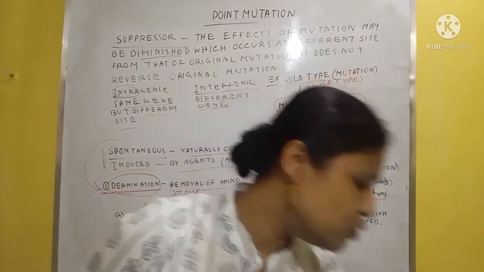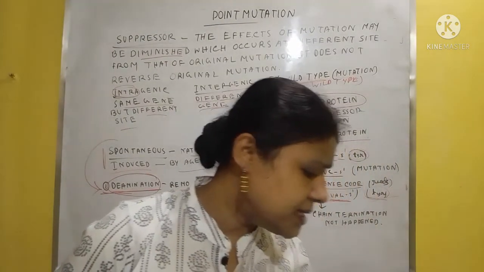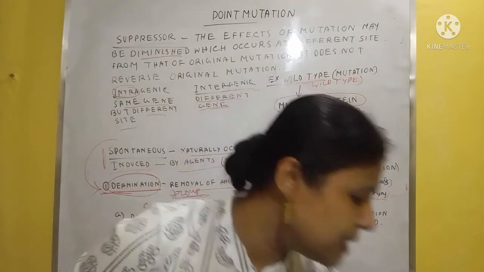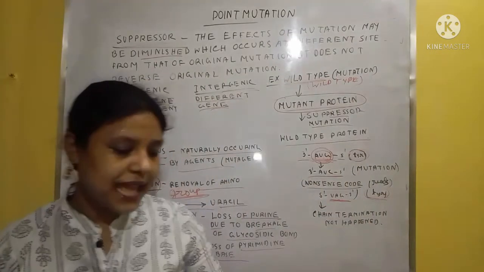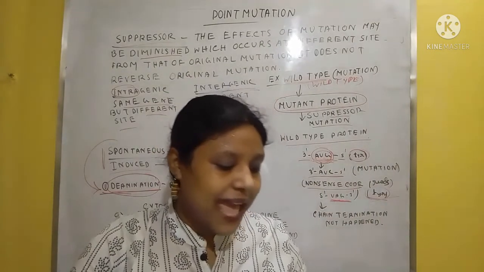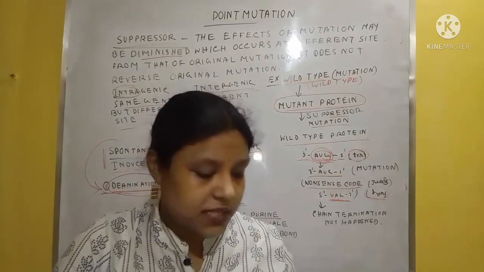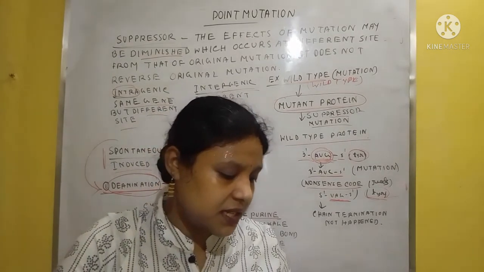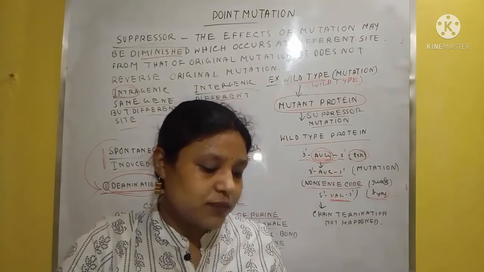Another two mutations are there: one is the oxidative damage and the other is the transposition mutation. Oxidative damage is due to the attack by reactive oxygen species, which must be considered a major source of spontaneous damage.